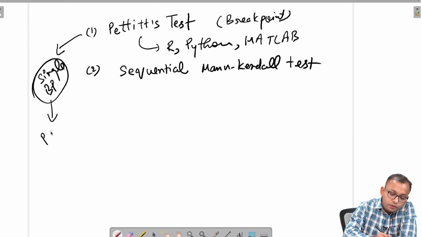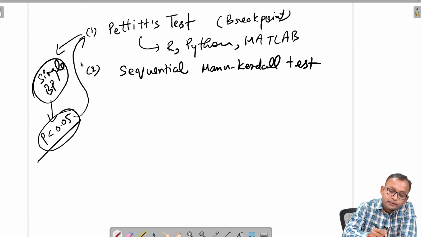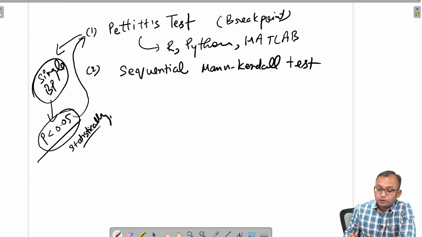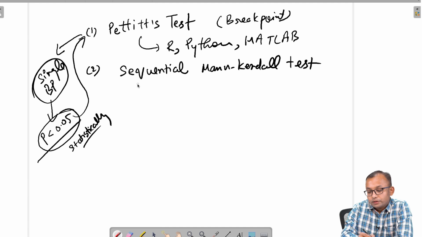So, when the p value is less than, let us say, 0.05, which means whatever the breakpoint this test is suggesting, it is statistically consistent or correct.